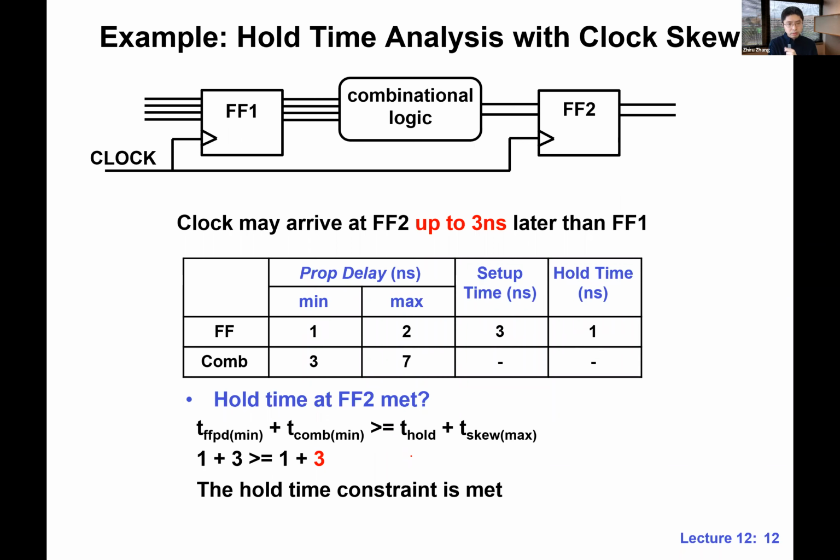Coming back to Alma's question, if this one is 5, or let's just make it 4, do we have a potential hold time violation? Yes, then we no longer have this inequality. Okay. Does it make sense, Alma? Yeah, that makes sense. Okay, great.